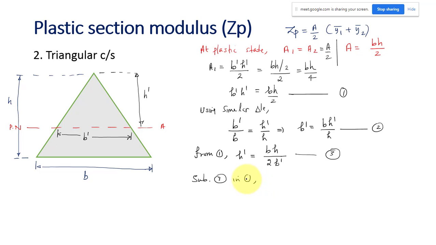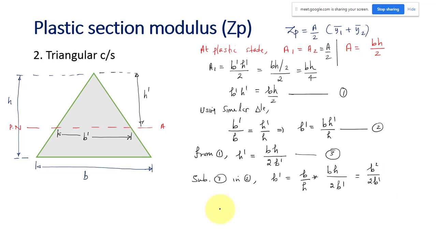Substitute equation 3 in equation 2, so you will get B dash equal to B by H into H dash. Finally, what you will get is equal to b square by 2 times b dash.